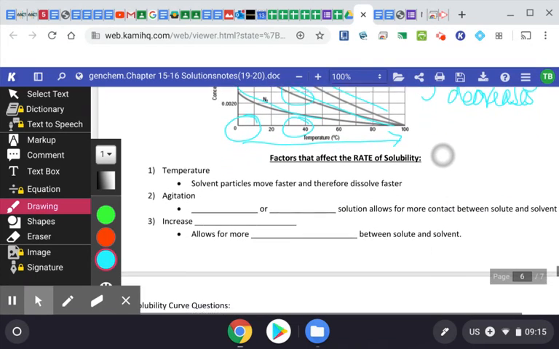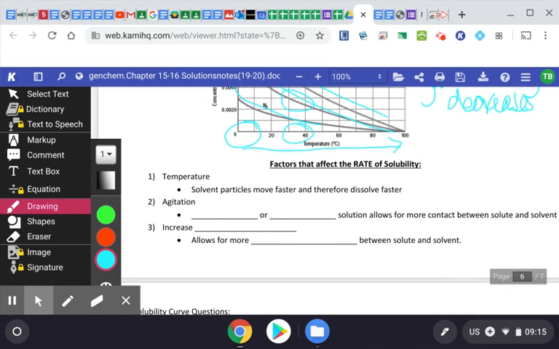All right, the last couple of ideas that we're going to look at are factors that affect the rate of solubility, how fast something dissolves. At higher temperatures, particles are moving faster. And the faster they move, the more the solvent particles are able to surround them and dissolve that solute even faster.